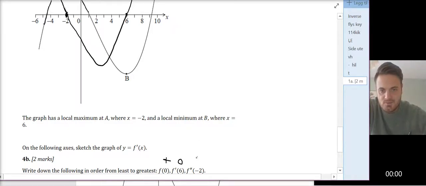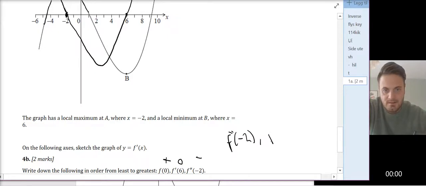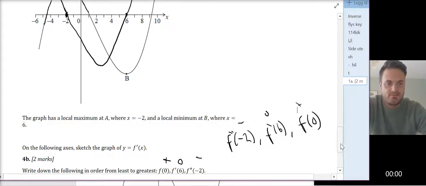So this has to be negative. So since this is negative, this is the least value, then this is 0. So that's the next one. And the greatest one is this, because this is positive. Negative, 0, positive. So that's exercise 4B.